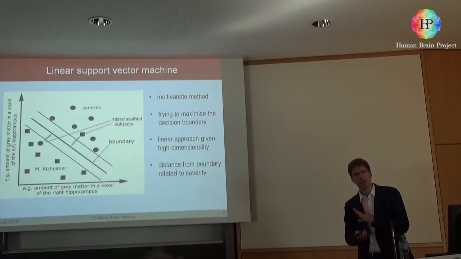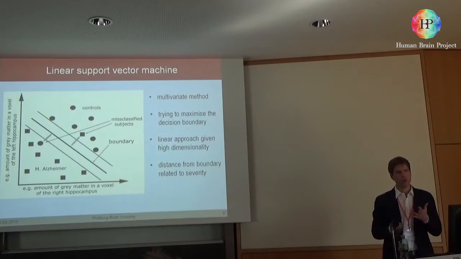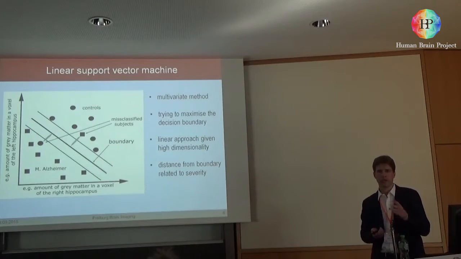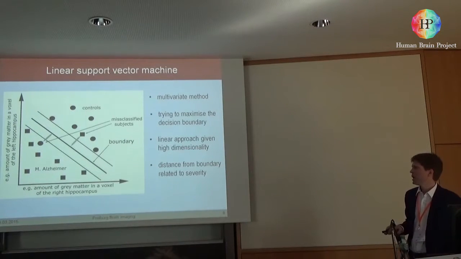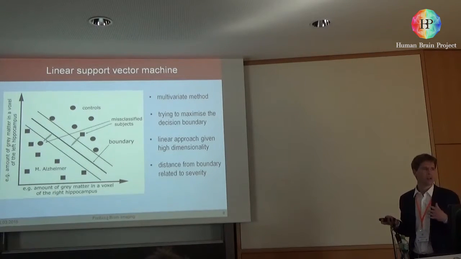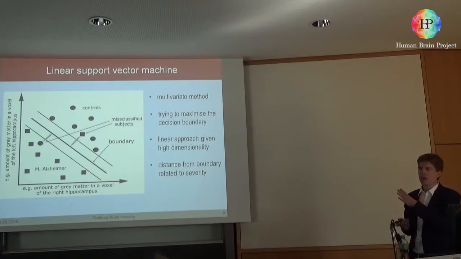In our application, we typically use all gray matter voxels, which meant something like 20 or 50,000 voxels, and it's a supervised technique in the sense that it learns from training samples. This is what I showed you on the concept slide, where we have the specialized memory clinic provide these training samples and use them to define this separating hyperplane.